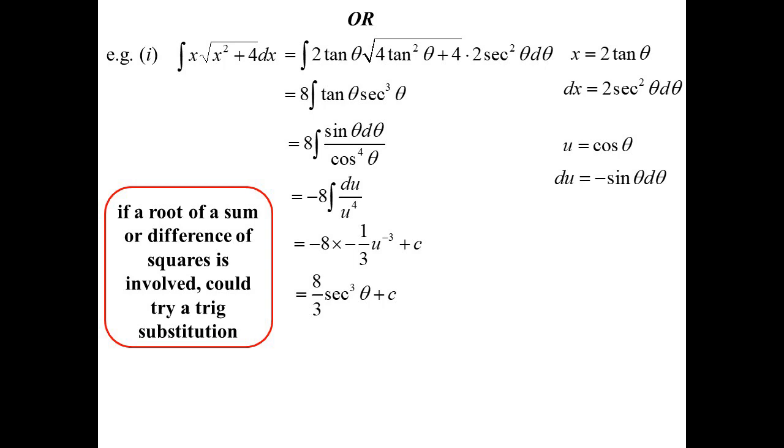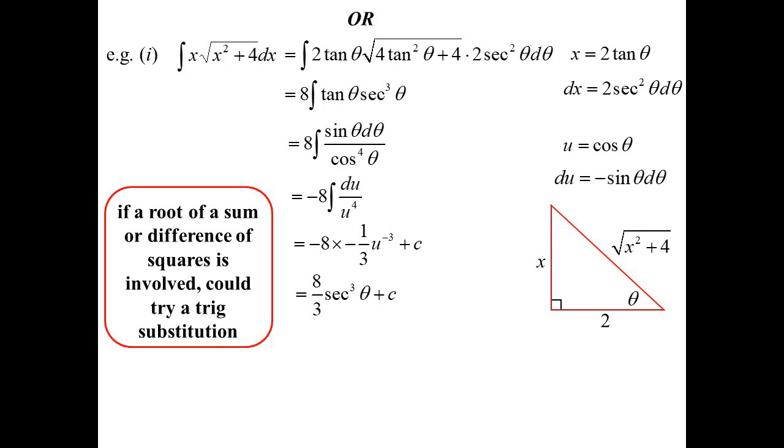A lot of people would stop there because they're going, oh, u beaut. But remember, sec theta, I've got to get it back to x. How do I get it back to x? Well, we started with x equals 2 tan theta. So I'm going to draw myself a triangle. There's theta, opposite over adjacent, x on 2, hypotenuse.